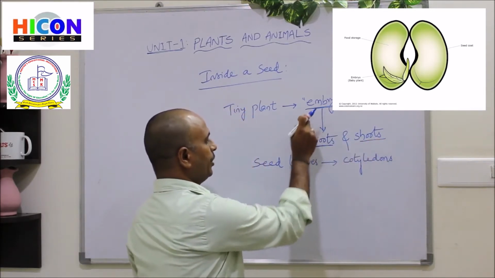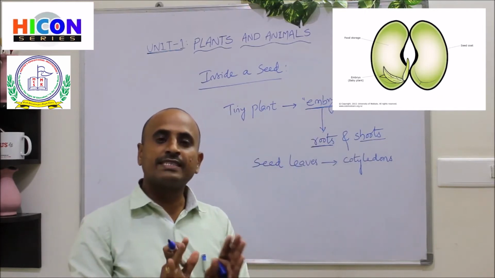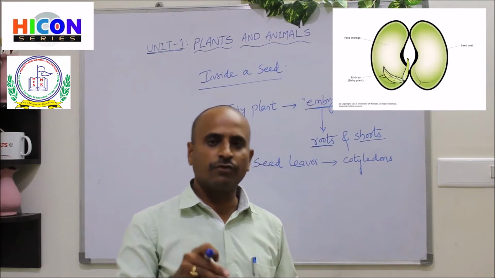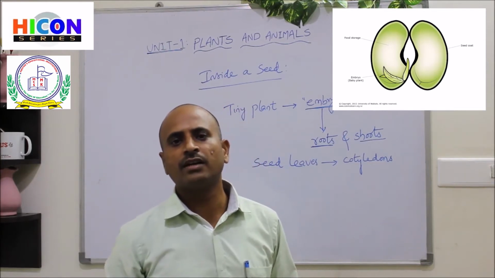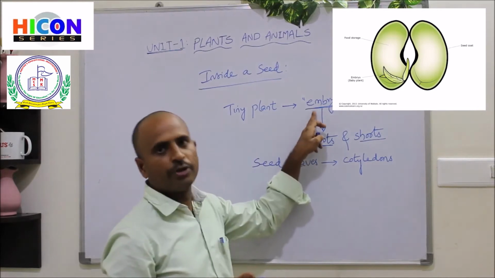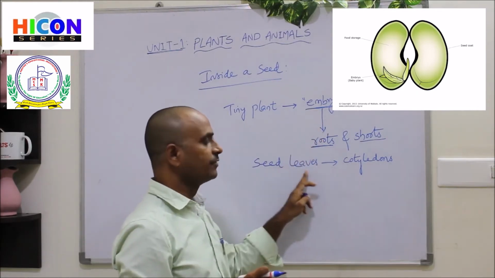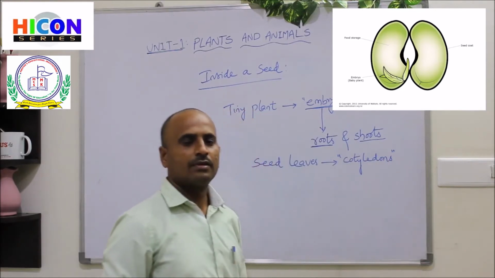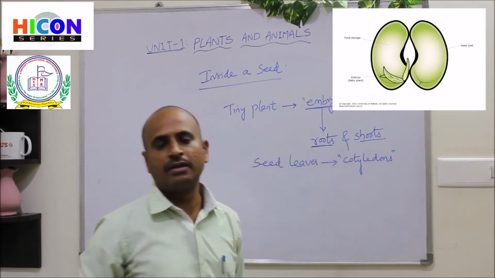The embryo is attached to the seed leaves. The seed leaves are a storage of food, that means food for the embryo. Those seed leaves are called cotyledons.